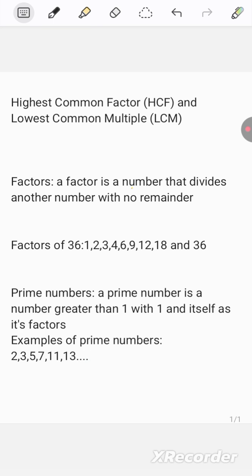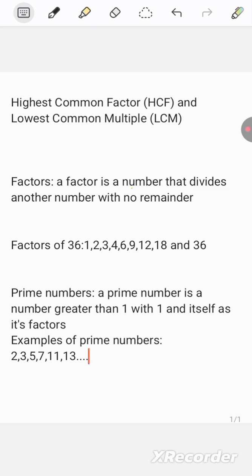These numbers are unique. There is no pair of smaller whole numbers that can be multiplied to give you a prime number.